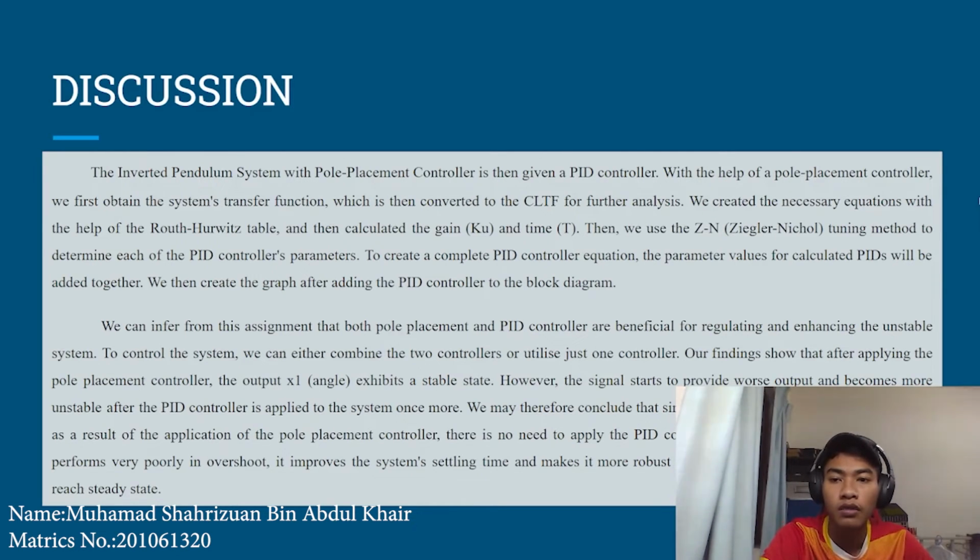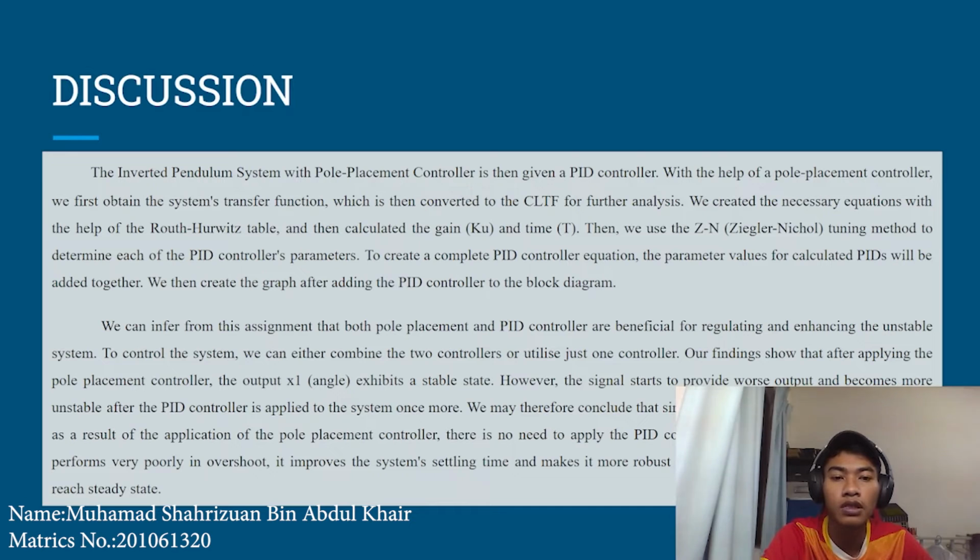We can infer from this assignment that both pole placement and PID controller are beneficial for regulating and enhancing the unstable system. To control the system, we can either combine the two controllers or utilize just one controller. Our findings show that after applying the pole placement controller, the output for the angle exhibits a stable state.